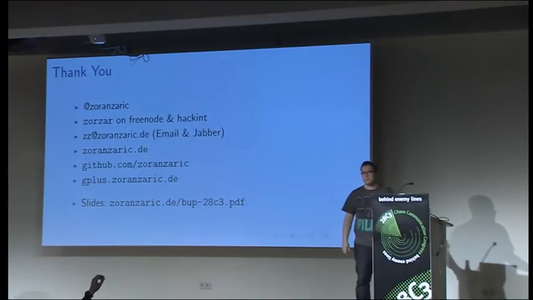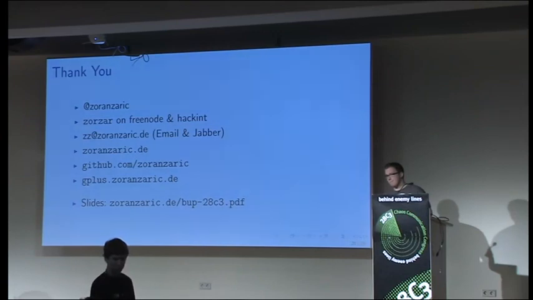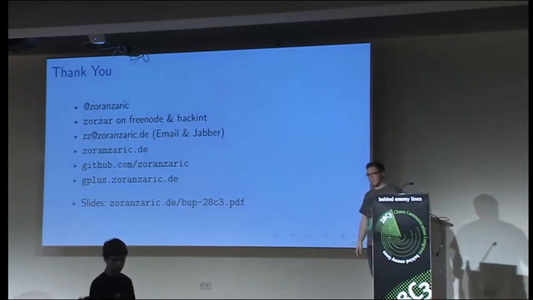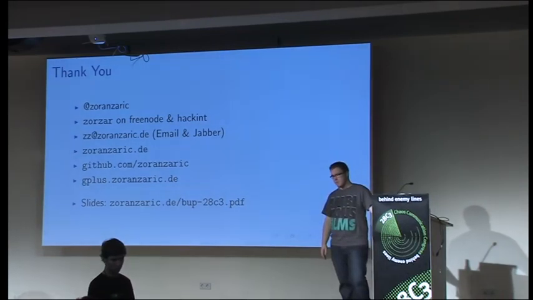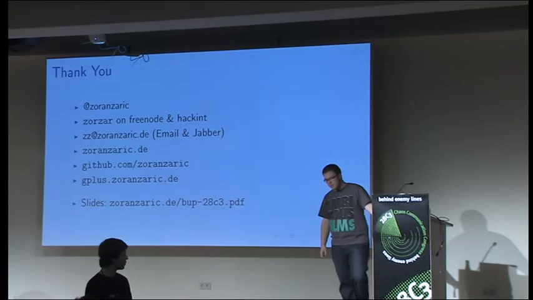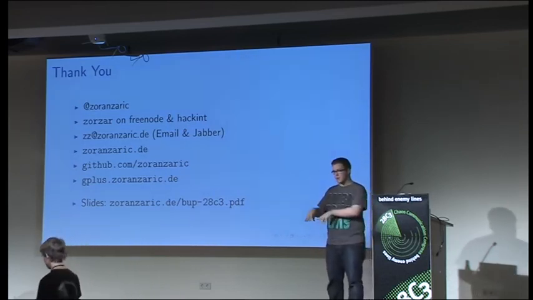So, okay, maybe one last question. When you said you provide deduplication on subfile level, how do you generate those objects? Because the Git objects are big chunks of a whole file, and how do you split them and still be compatible with the Git format? We split big files into trees and blobs again.